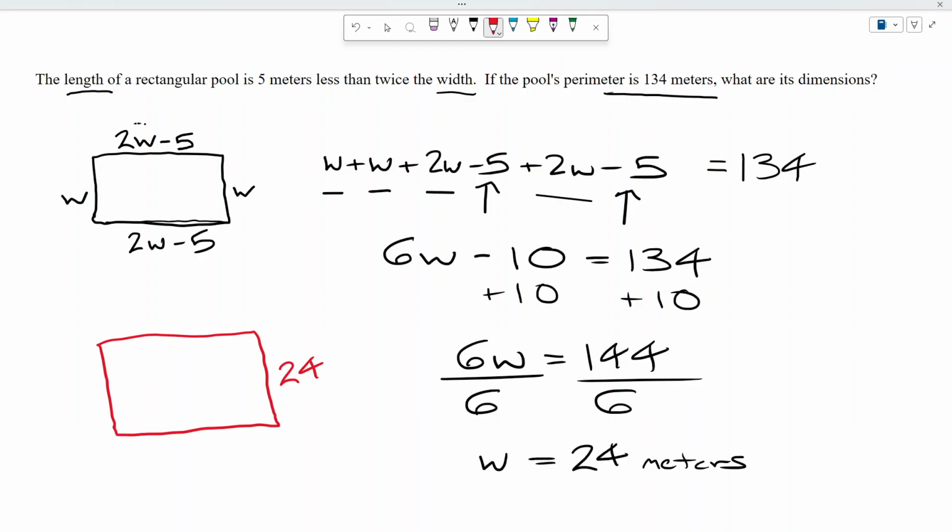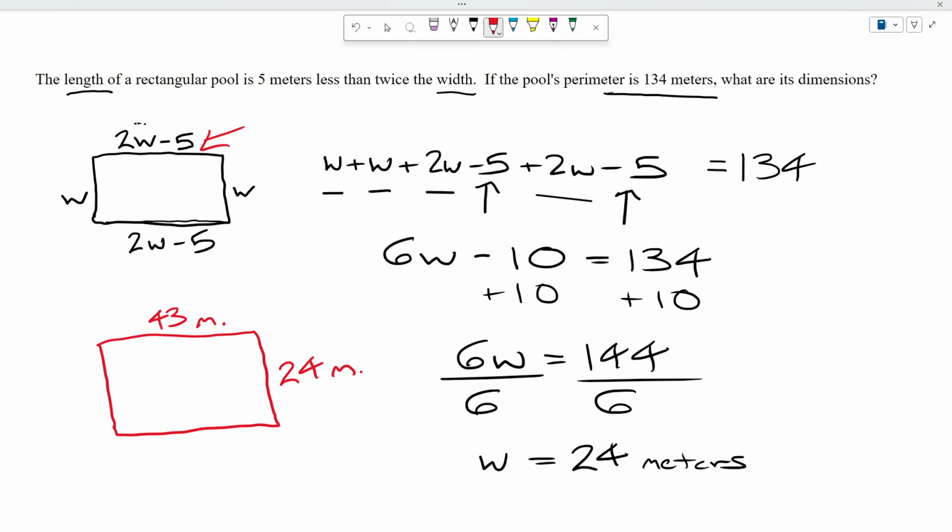Now if we plug into what we had here for the length, if the width is 24 meters, well, 24 times 2 is 48, minus 5, comes out to 43 meters for the length.